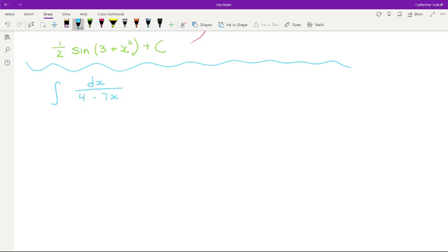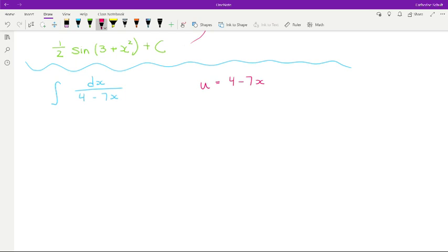I do notice we have an x down here, and so this kind of reminds me of 1 over x. And so I can think of this as a composition of functions. So I'm looking at that denominator, and I'm going to let u be that denominator. Okay, so that would take care of this bottom part, the denominator.